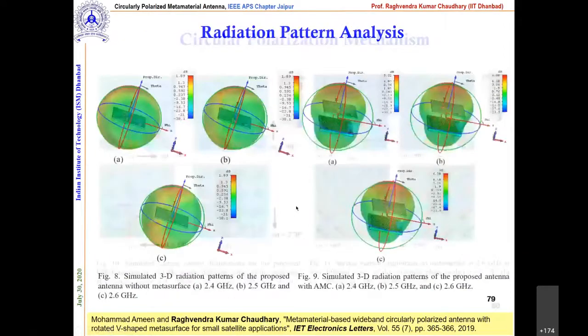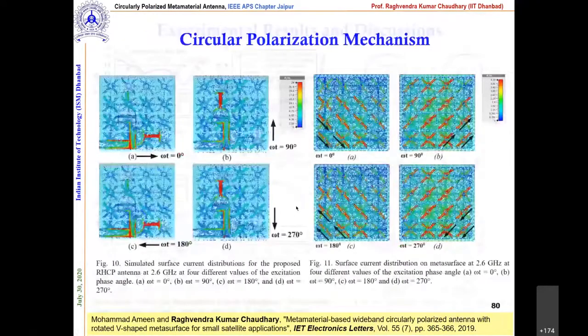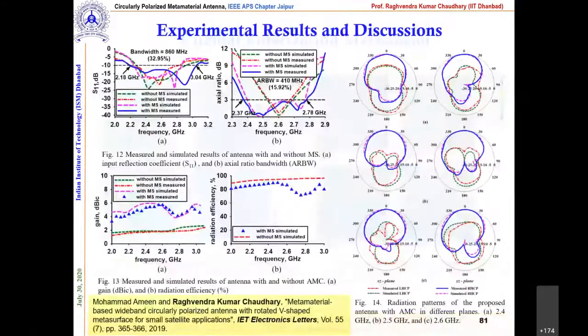Finally, the results: we are getting a bandwidth of 2.18 to 3.04 GHz, which is 32.95 percent, with an axial ratio bandwidth of around 15.92 percent. This is quite high. And we improved the gain by about 3.5 dB. We managed the same sort of things, but here the approach for the circular polarized antenna is different.